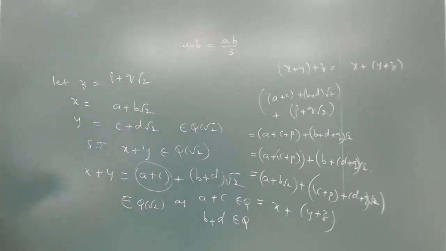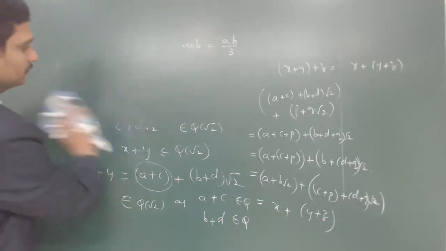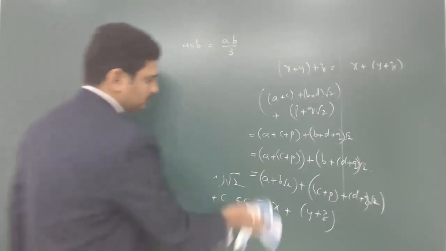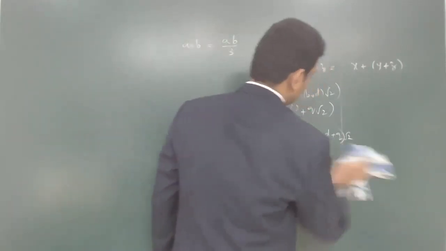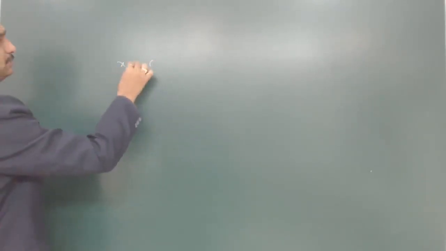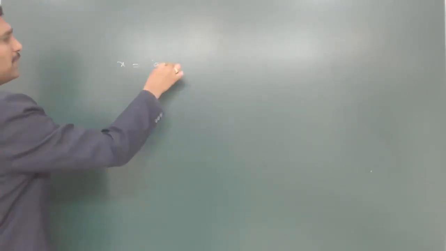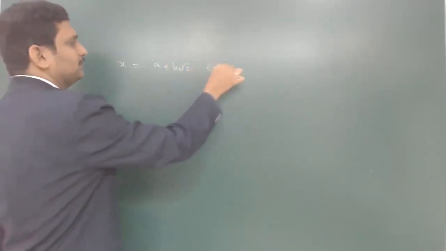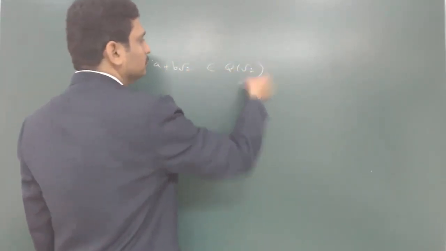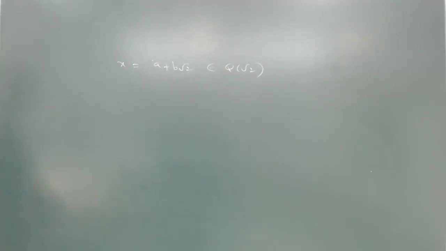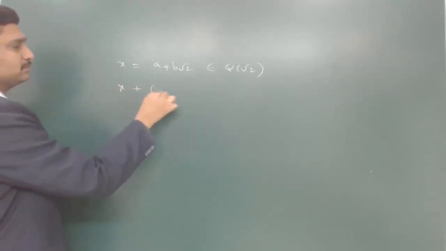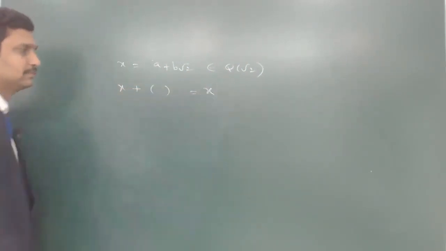Now, coming about identity. So coming for the identity part, whenever you take the element a plus b root 2 in the set, so on adding what value will you get x again?